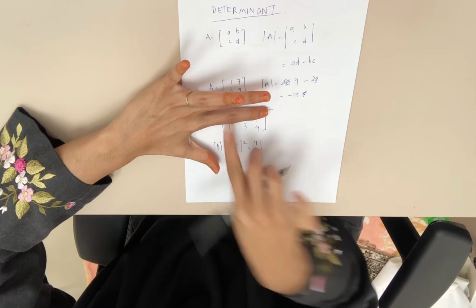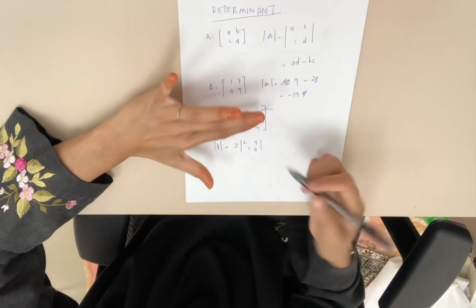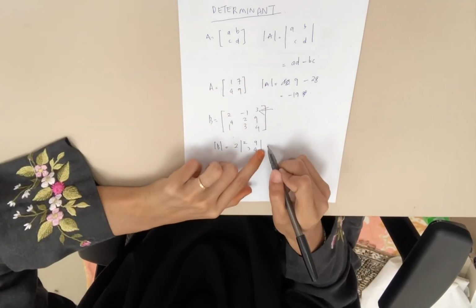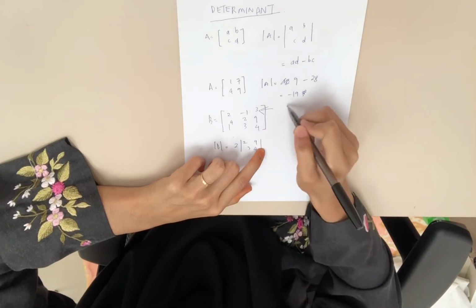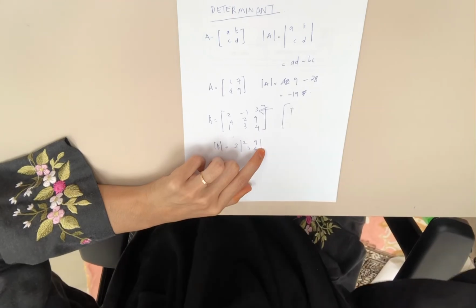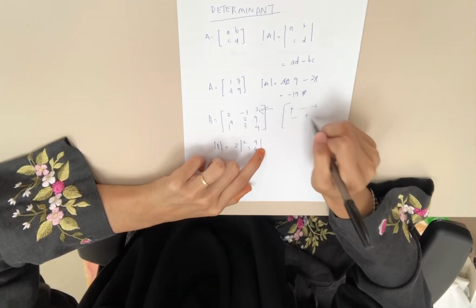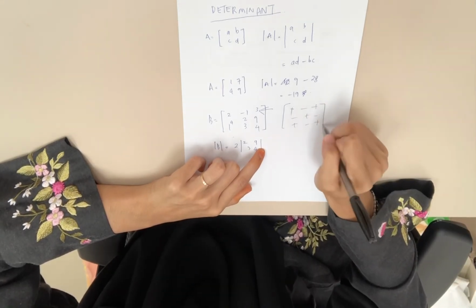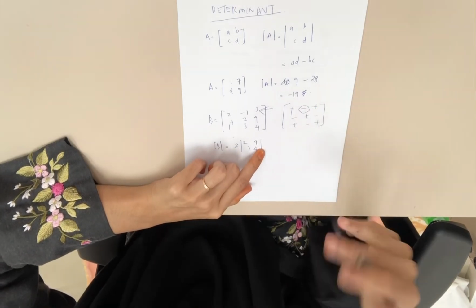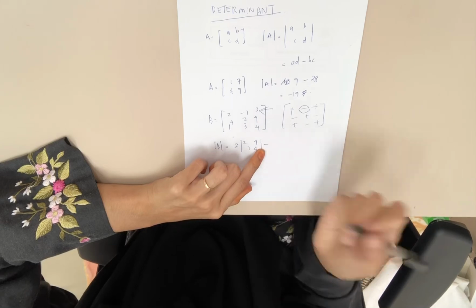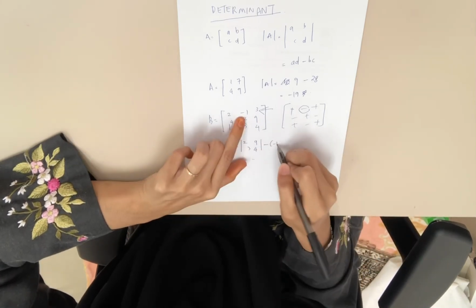The next one, number -1. The sign, plus or minus, you need to refer back to the pattern: plus, minus, plus, minus, plus, minus, plus, minus, plus. This is for a 3x3 matrix. Here it is minus. So take out -1.